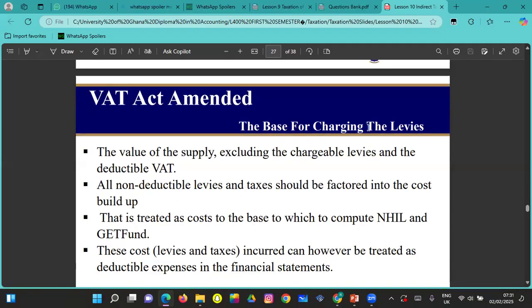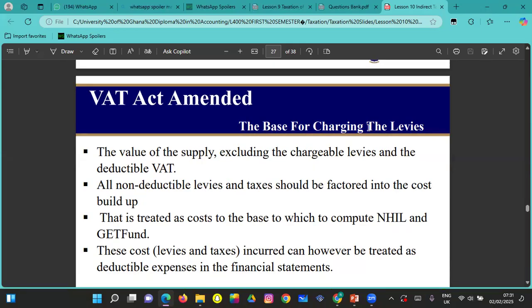The value of the supply excludes the chargeable levies and deductible VAT, and all non-deductible levies and taxes should be factored into the cost build-up.